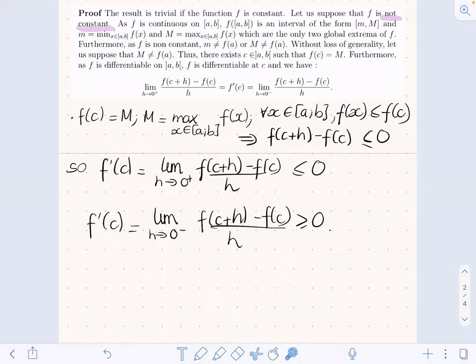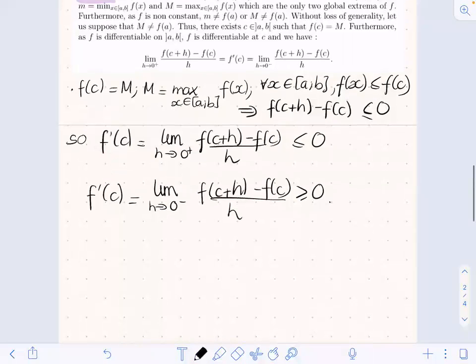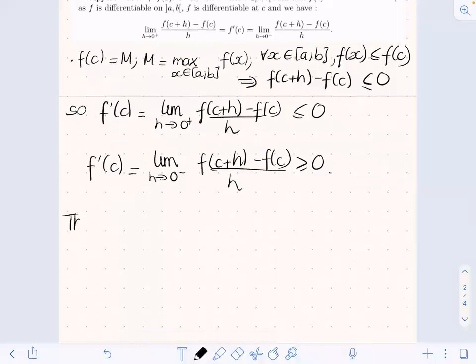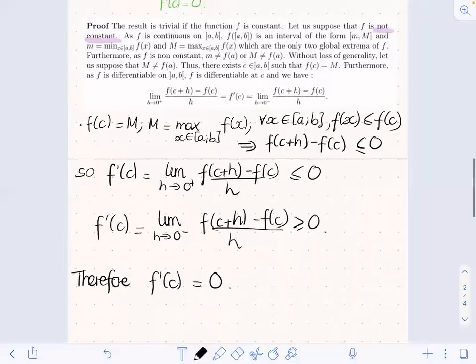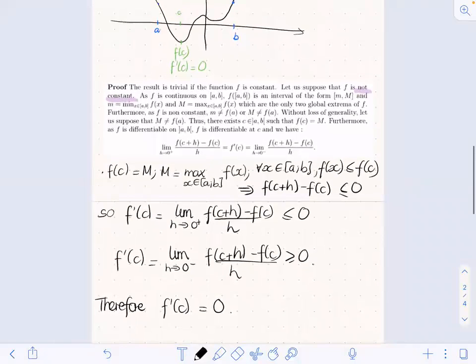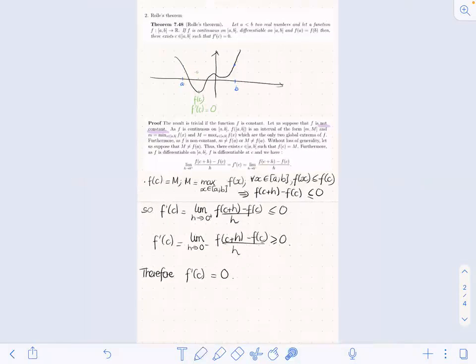That it is equal to 0. Absolutely, yeah, perfect. The only way that both of those inequalities can be satisfied is if this holds. And so what we've proven here is that we can find some c such that f prime of c is equal to 0.